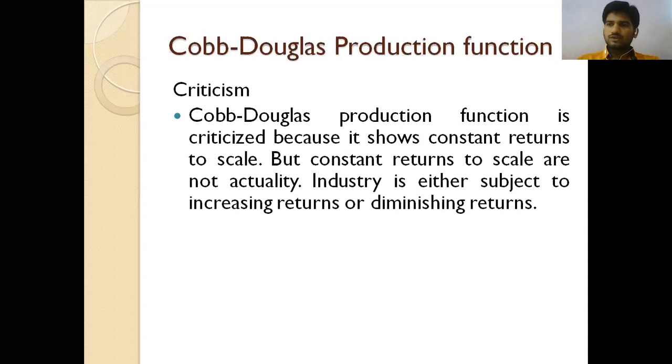Again, one more thing is, if two changes happen in the capital or labor, we have some changes. So it shows some constant scale. Its result is constant returns to scale, but the constant returns to scale are not equality. So industry is either subject to increasing returns or diminishing returns. So something in returns is needed.